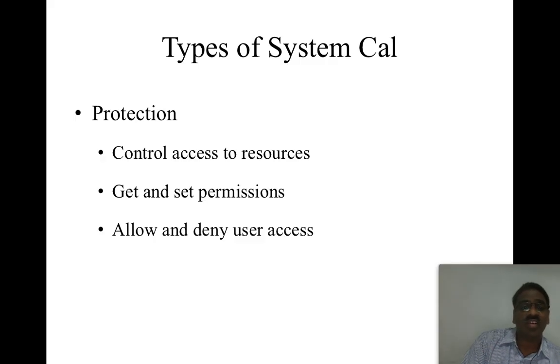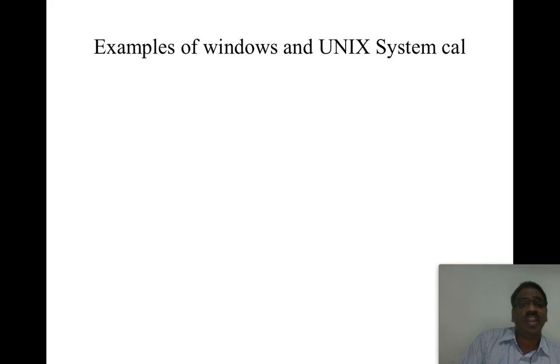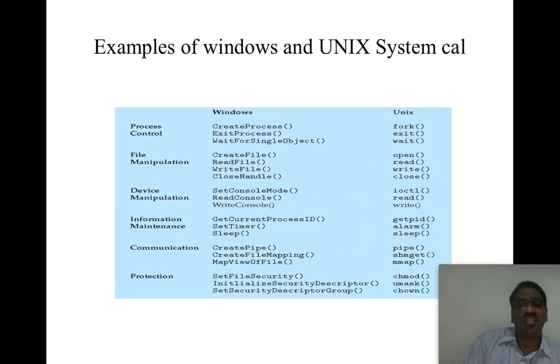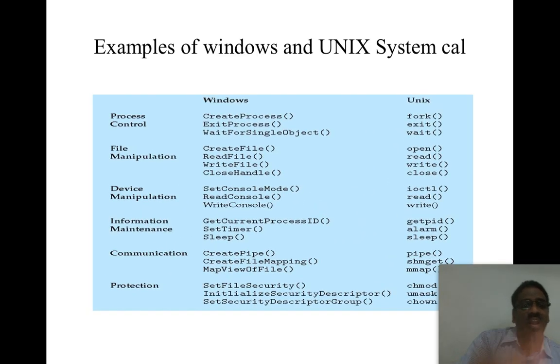Now, in Windows, the system calls have these common things. Creating a process, exiting a process. This is process management, file management, device management, information management, communication, protection. These are all things you have to know.